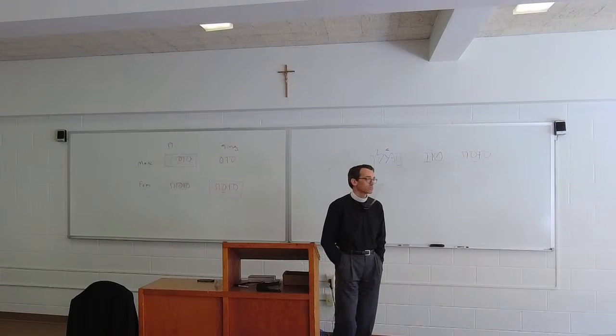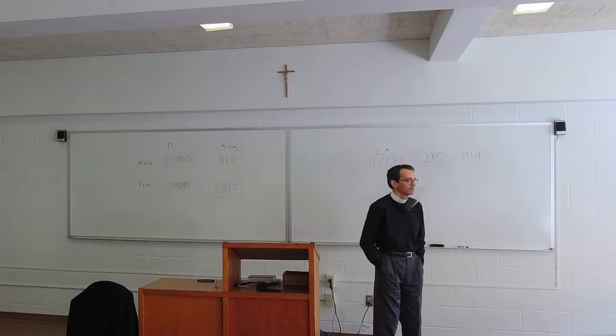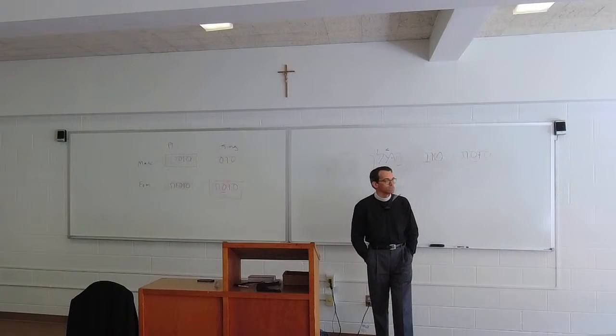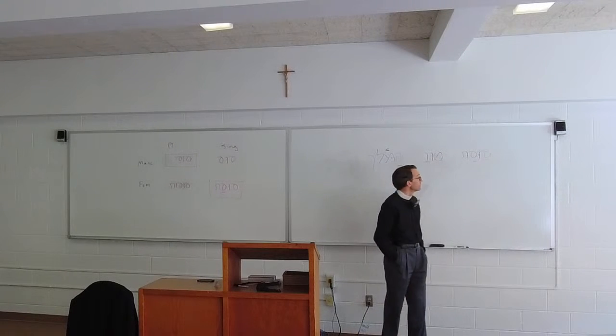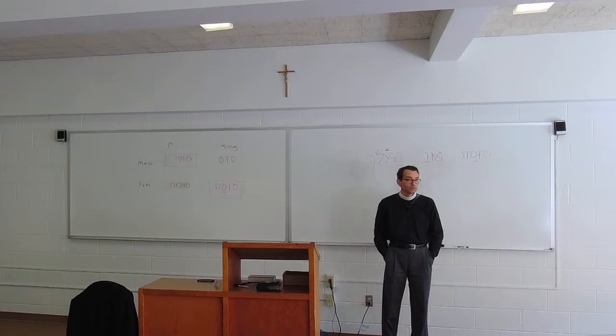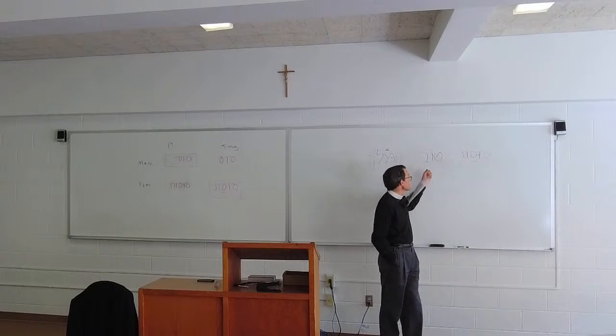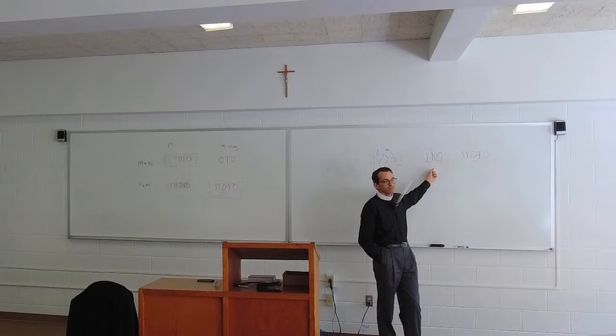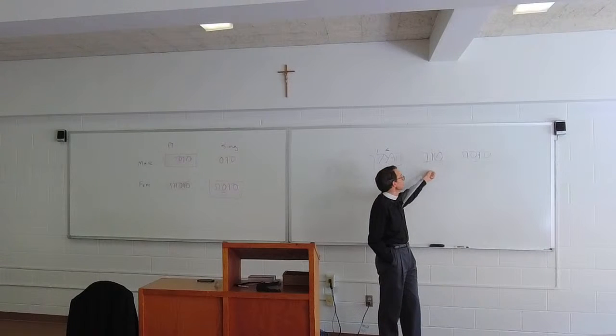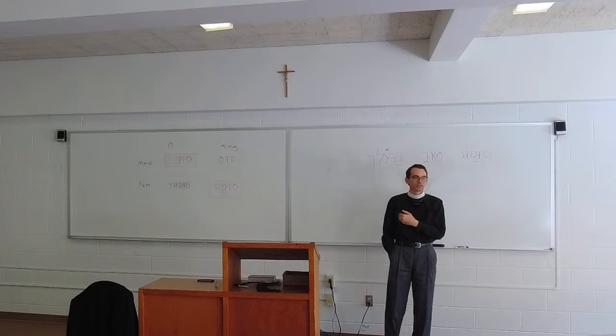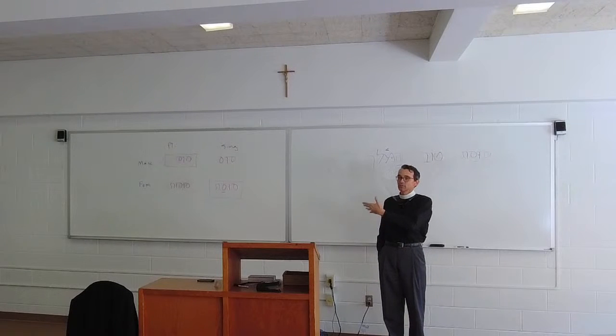Can you think of other noun jobs? The object of a verb could be direct object, indirect object. Here we have one right here, a noun job, functioning in a construct chain. So any job that a noun does, if an adjective is doing it, it's standing in the place of a noun. It has substance like a noun, substantive.